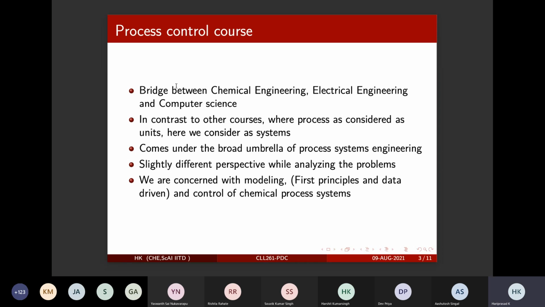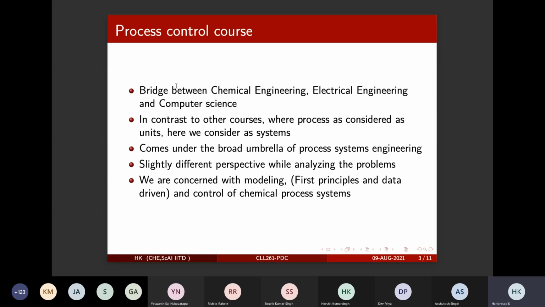And the fundamental difference that you would really see here is the way we deal with the overall process or process units, or even in that way process plant. So you are not really worried too much about the nitty-gritties, because every process unit you consider as a system.